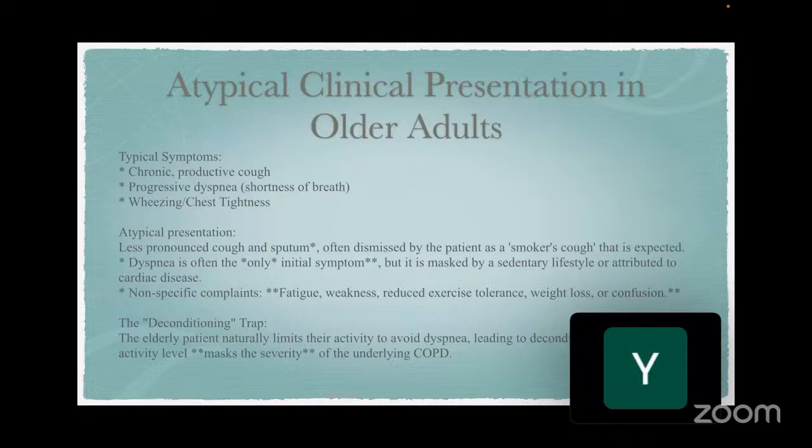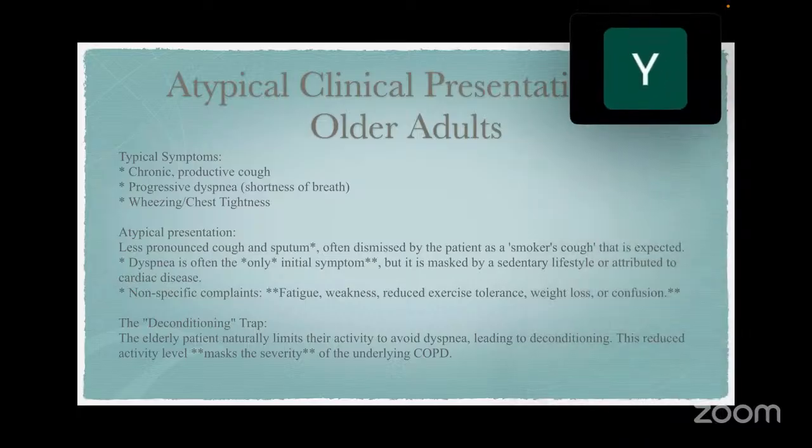Instead, they commonly report non-specific symptoms like fatigue or gradual reduction in their ability to perform daily tasks, which is more commonly attributed to age. We have to be aware of the deconditioning trap. When an older patient says they cannot walk so far, we don't just assume deconditioning. We have to think about underlying pulmonary causes like COPD and heart failure. These require a high index of suspicion.